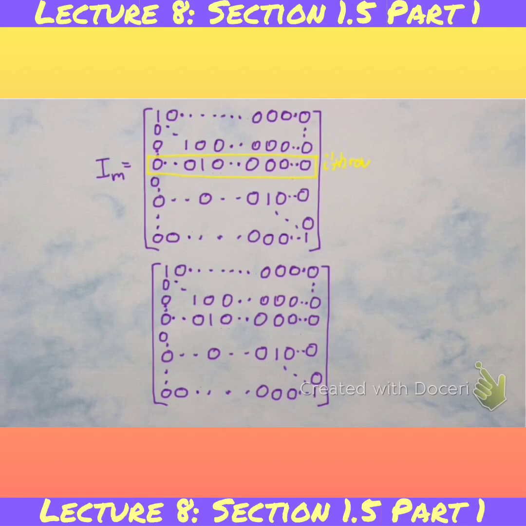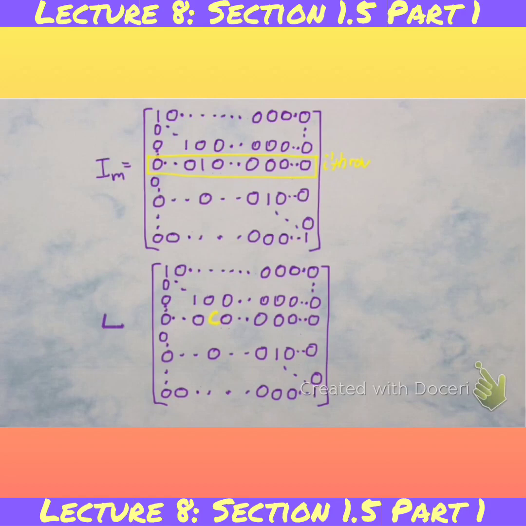Please take note that the 1 in the ith row obviously lies in the ith column as well. It's the entry in the ith row and the ith column. That entry I'm going to multiply by C. Replacing the 1 with a C, I get my elementary matrix.